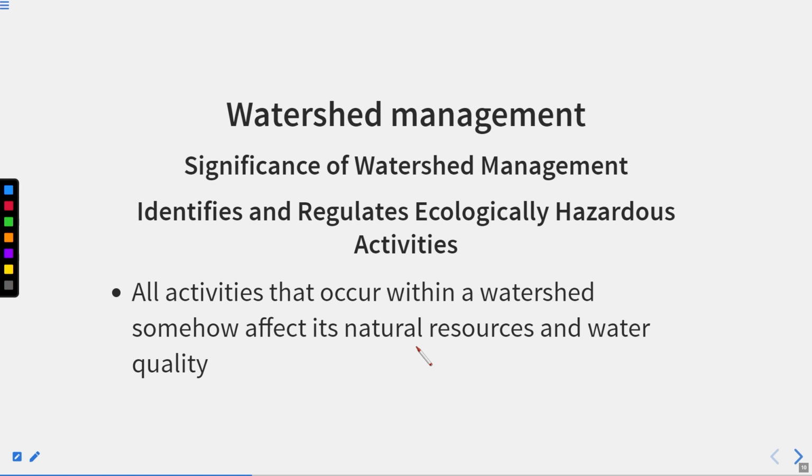Second, it identifies and regulates ecologically hazardous activities. There are many activities that are very dangerous from the ecological point of view. All these activities that occur within a watershed somehow affect its natural resources and the water quality, right?